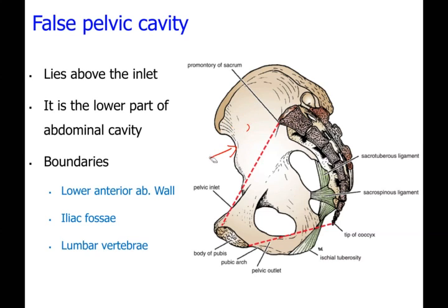Then, between the pelvic brim or the pelvic inlet and the pelvic outlet, here you get the true pelvic cavity. So, false pelvic cavity here and true pelvic cavity here. Remember that point. And it is also important to remember that the false pelvic cavity, why is it called false pelvic cavity? Because it's actually the lower part of the abdomen.